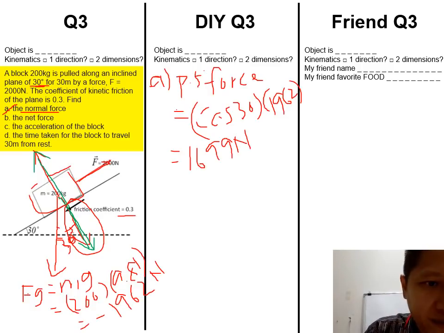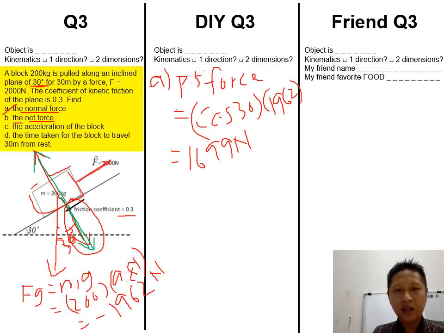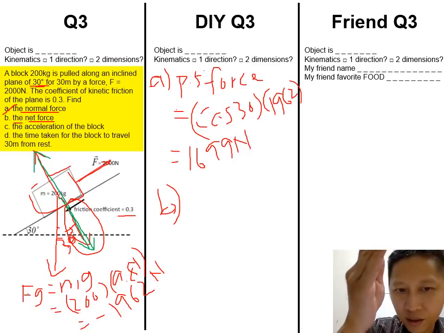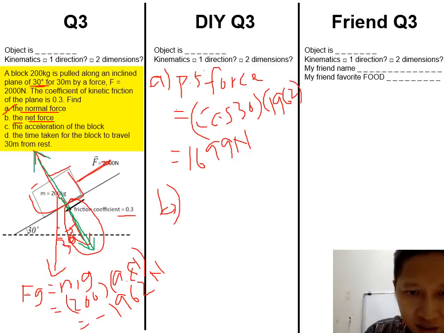B, the net force. We need to ask the question: the net force, which angle, which component are we interested in? Is it vertically, or horizontally, or the 30 degree? Yes, the answer is the 30 degree.